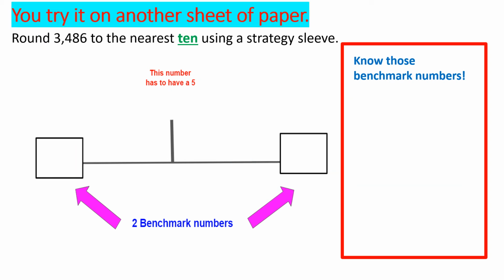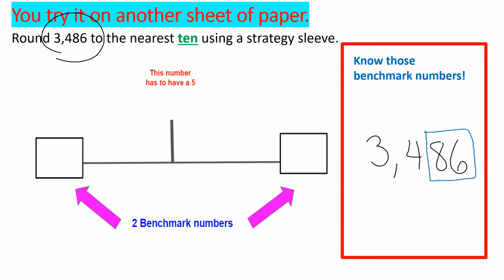All right, now it is time for you to try on another sheet of paper. So if you're looking at your sheet of paper, you're actually going to see there's another box. So what I want you to do is go to your workspace, and remember we're doing 3,486. Write that in your workspace, okay? And then I want you to box in the tens because that's what we're working with.